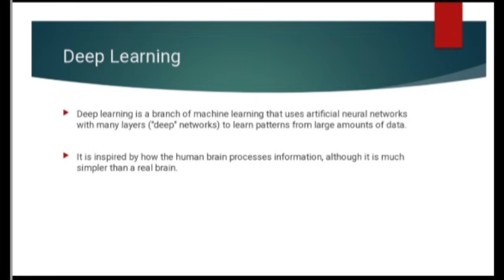The word deep refers to the presence of many hidden layers between the input and output layers. Unlike traditional programming, where we explicitly write rules, deep learning systems learn these rules automatically from examples.